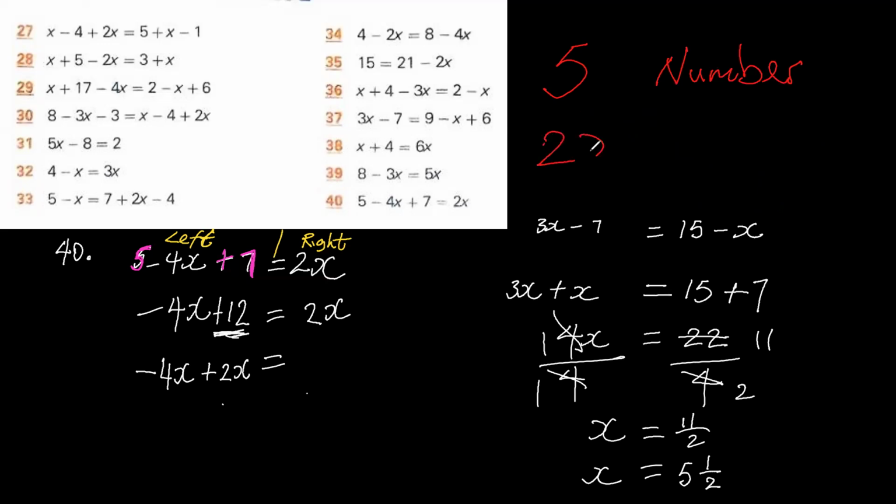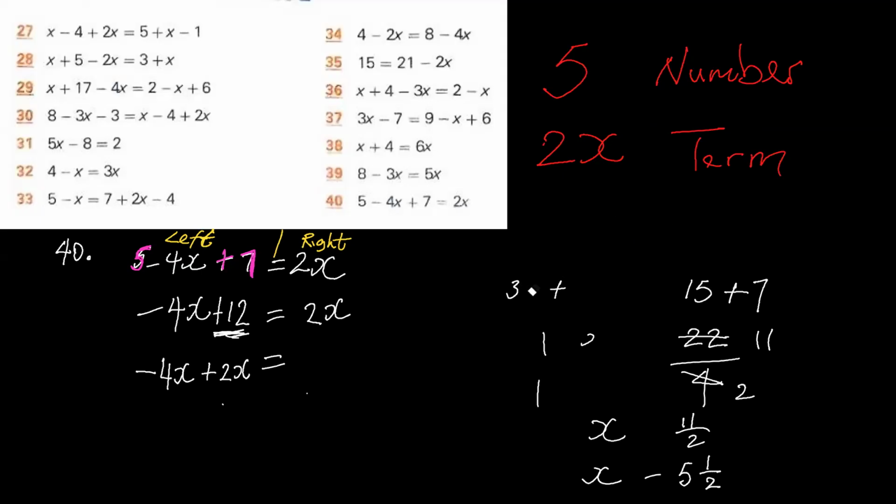This is a term because it has a letter. Everybody okay with what I just said? I'm using words that I don't know if everybody understands, so let's go over this again.